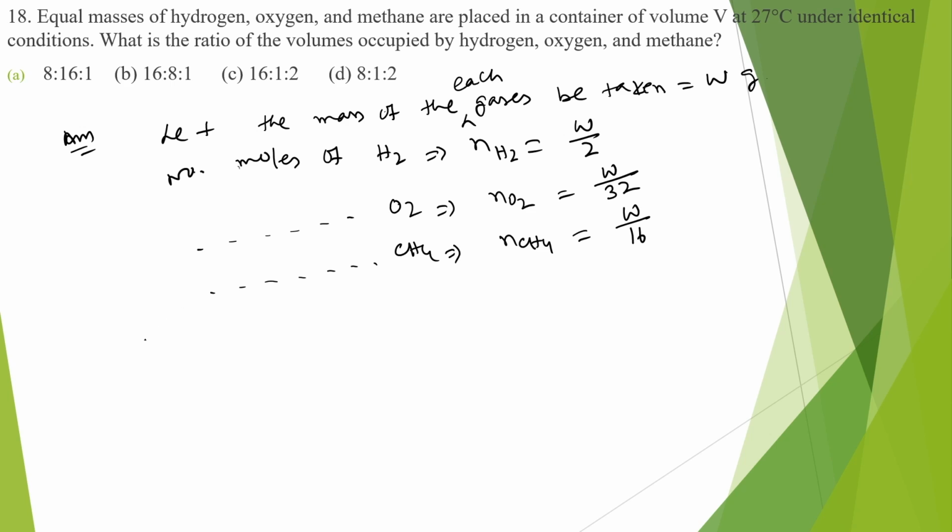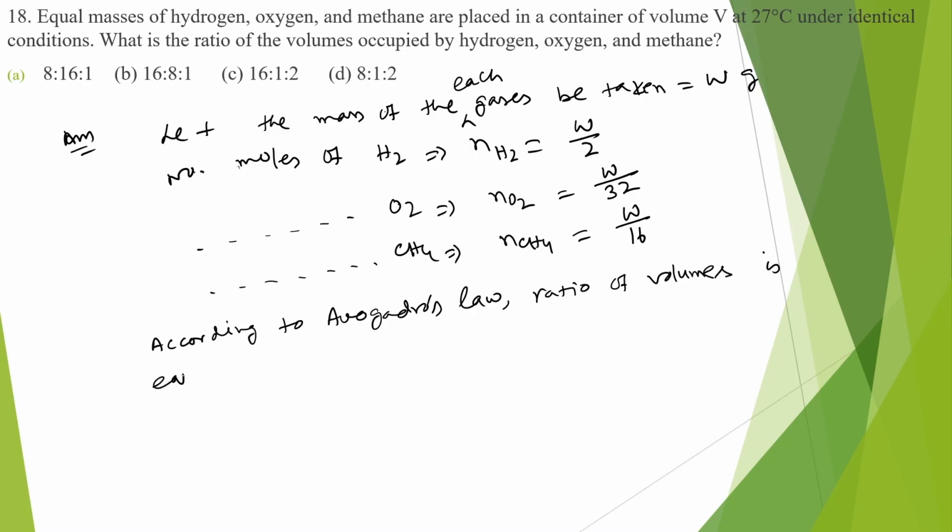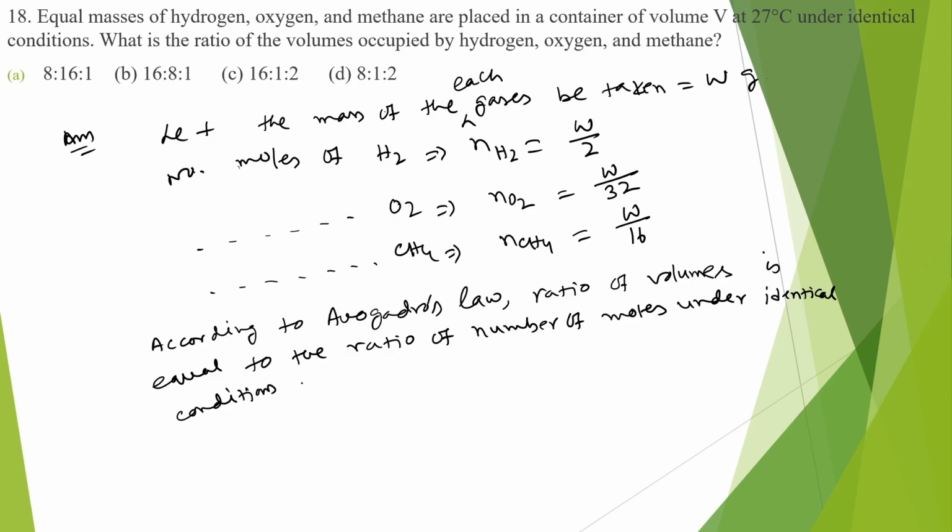Okay, so, according to Avogadro's law, the ratio of volumes is equal to the ratio of number of moles under identical conditions of temperature and pressure.